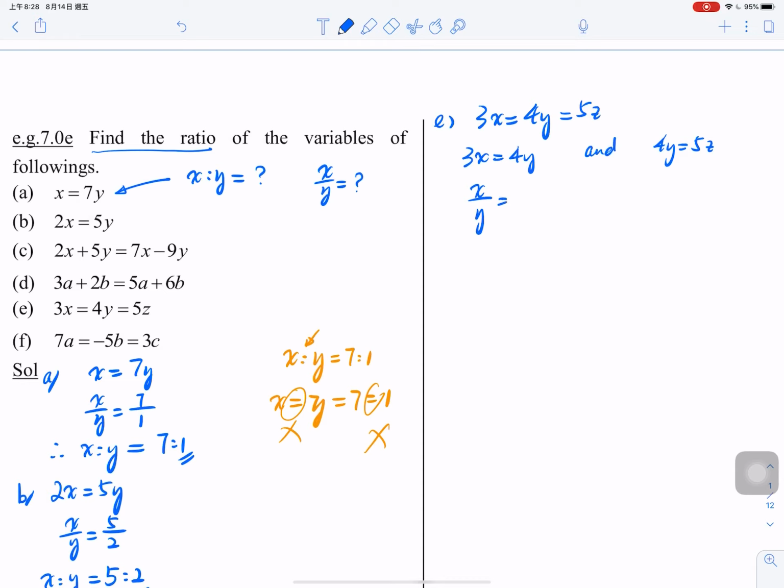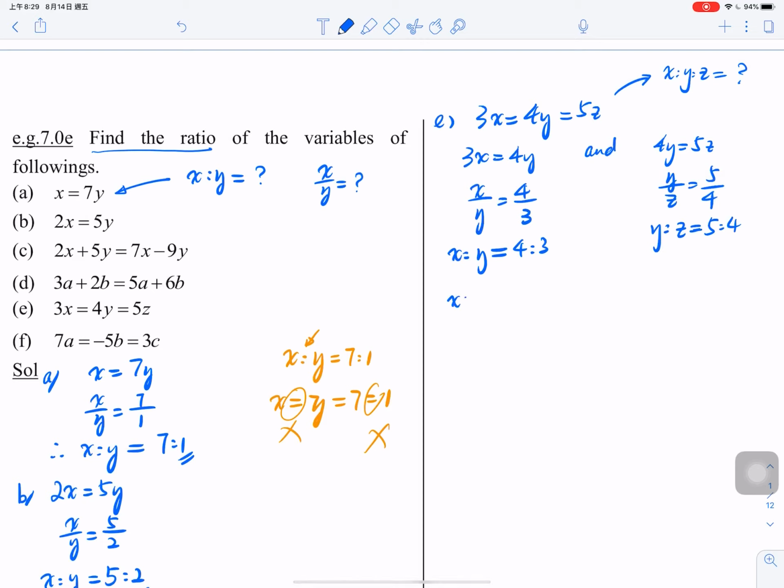Because in this question you need to find x to y to z equals what? Yeah, 3 things in a ratio. So x to y equals 4 to 3, right? Then how about y to z? Yeah, 5 over 4, so y to z is 5 to 4. Okay?